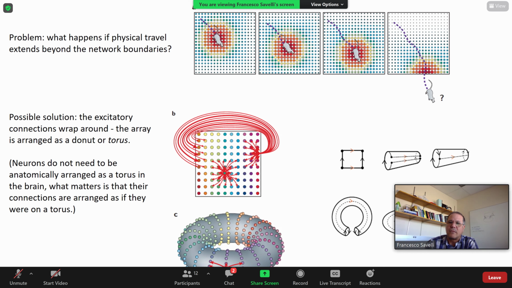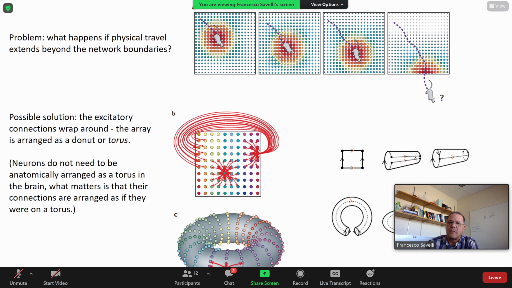However, because this is wrapping around, if the animal keeps moving, eventually the bump of activity comes back to the same spot, right? It's like a ring, but now there are two dimensions of it. So what you would see if you were recording from one of these neurons is a grid, but not a hexagonal grid, a square grid, right?